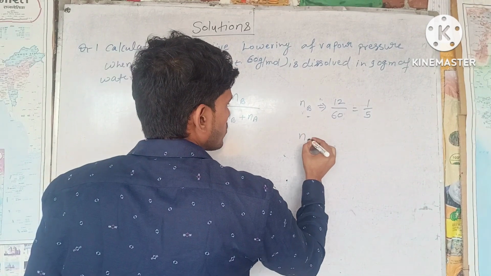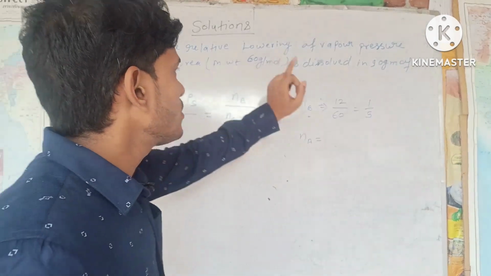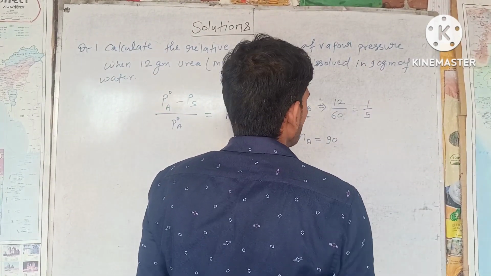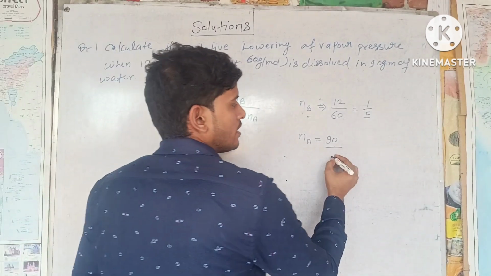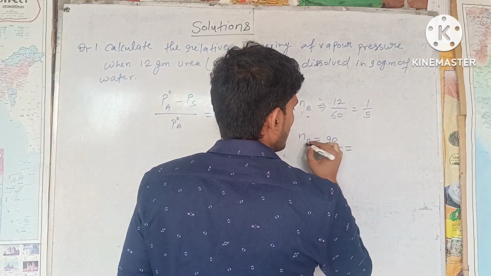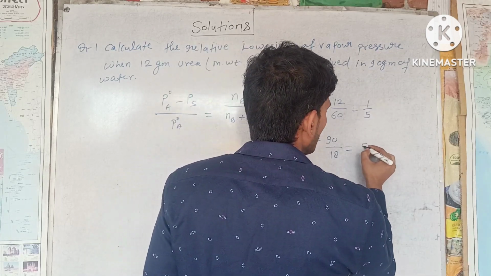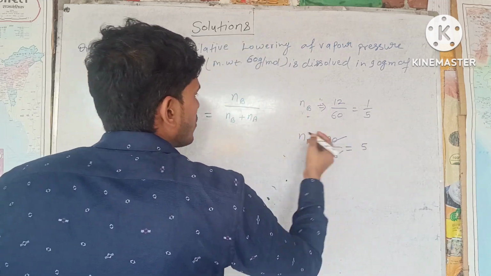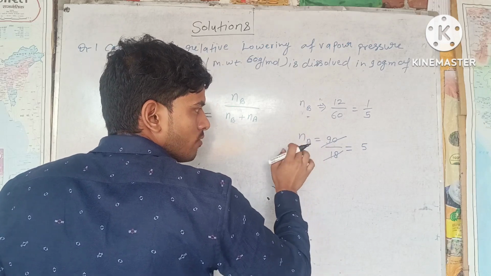Now the number of moles of A, which is our solvent. So what is the weight of solvent? 90 gram, and what is the molecular weight of water, which is 18. So here the number of moles of solvent is 5. Okay, so the number of moles of solute is 1 by 5 and the number of moles of solvent is 5.